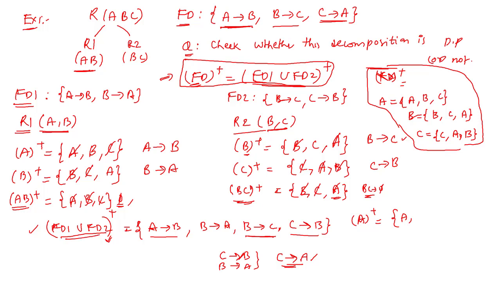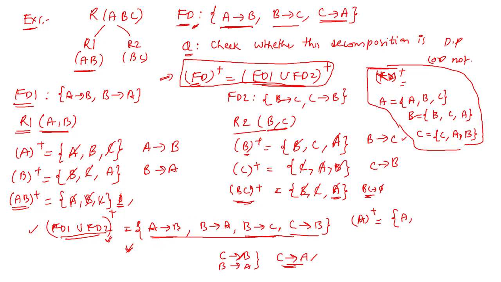The point is, here you have to check whether the dependency holds in this dependency set or not, okay? Not from this relation. Why? Because I am verifying whether all these dependencies exist in this relation. If you want to prove this, you have to calculate the closure from this set of functional dependencies.